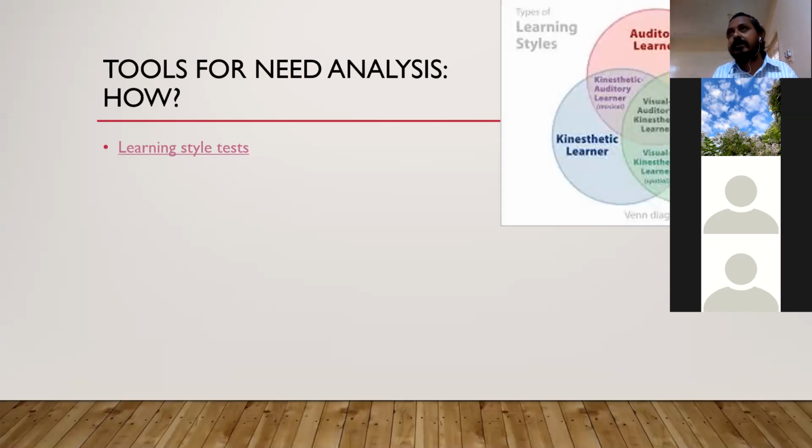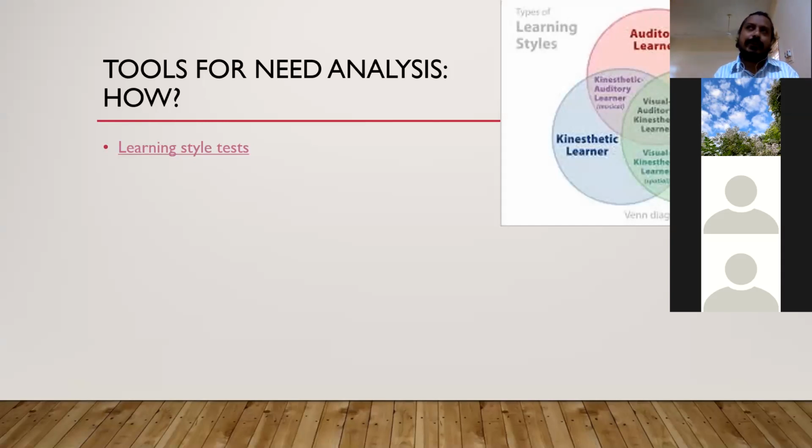Somebody very, what is the word, chanchal, a very hyper kind of person would have all these three, audio, visual, and kinesthetic learning styles in him. So he or she would be learning from listening, visualizing, and doing things.